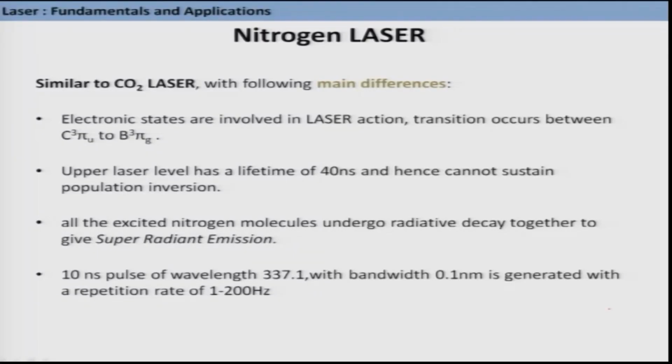The last laser in this particular section we will discuss is the nitrogen laser. The principle of the nitrogen laser is very much similar to carbon dioxide, with certain differences. What are those differences?